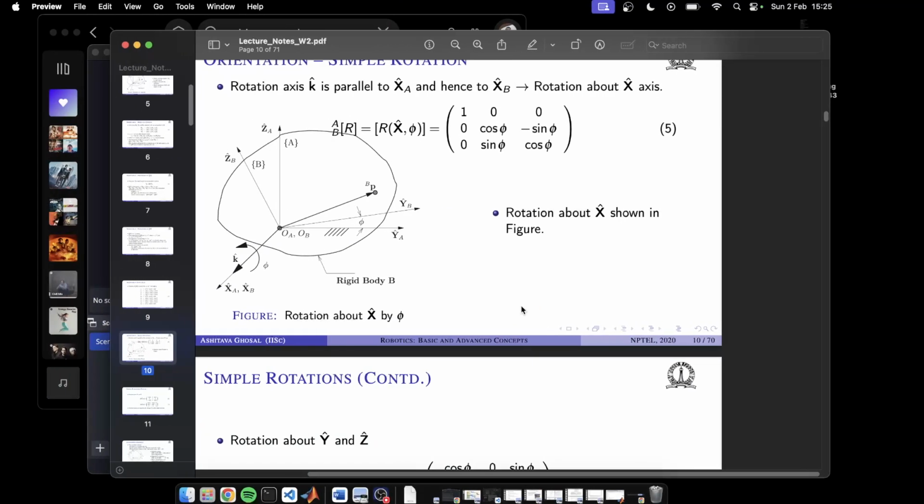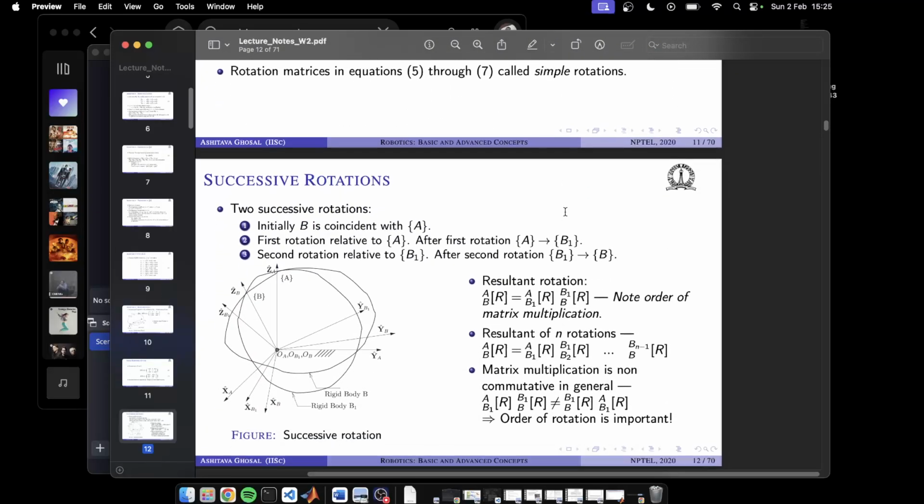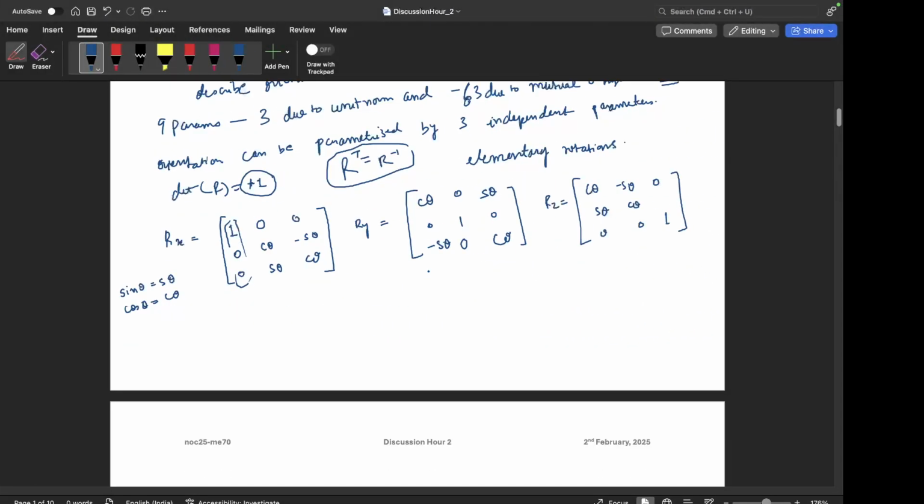So these are the three elementary rotations, which is also described here, or the simple rotations. Now, once we have these simple rotations, then we can basically go towards successive rotations, or in other words, a sequence of rotations.